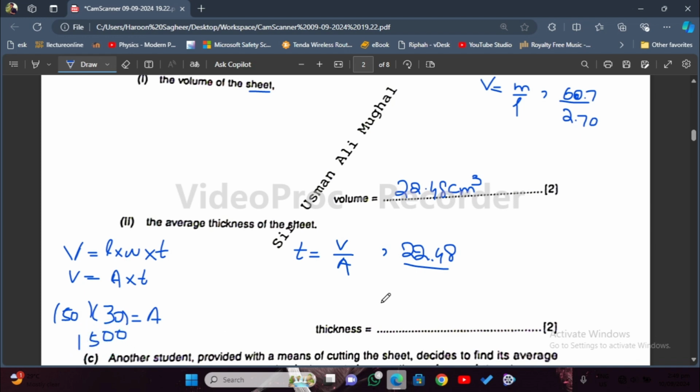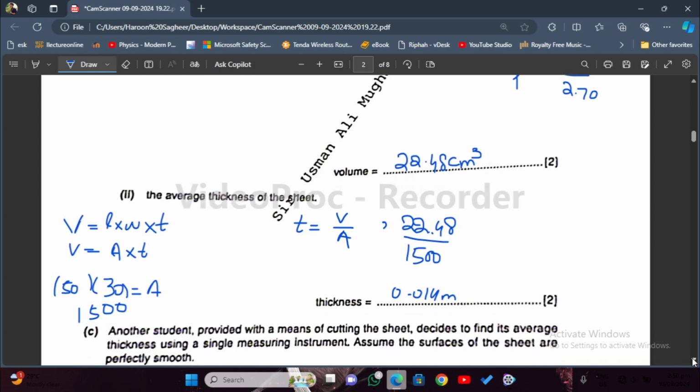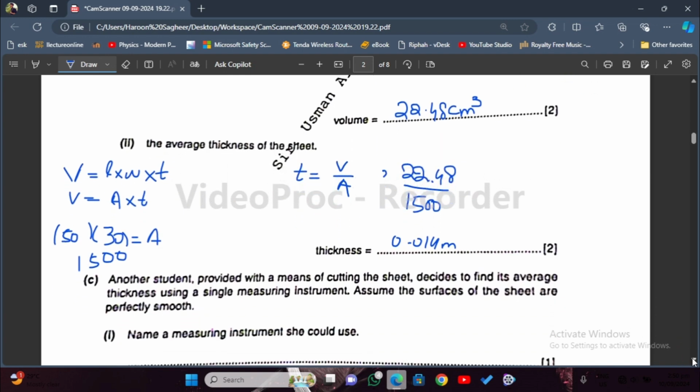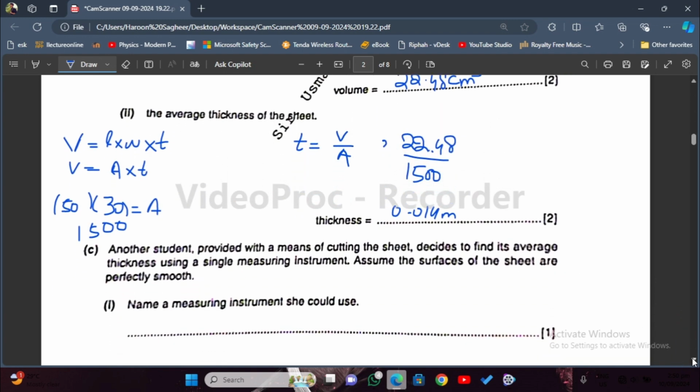Let's see what value this gives us. That would be the average thickness, the thickness we would mostly get if we repeated this experiment. 22.48 divided by 1500 is 0.014. So you see, the thickness is very, very small. It is basically much less than 1 millimeter.